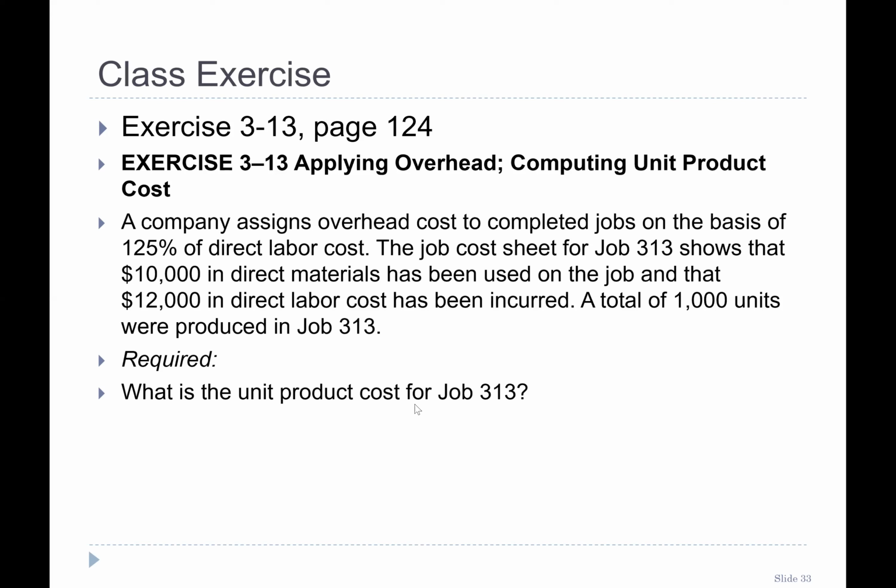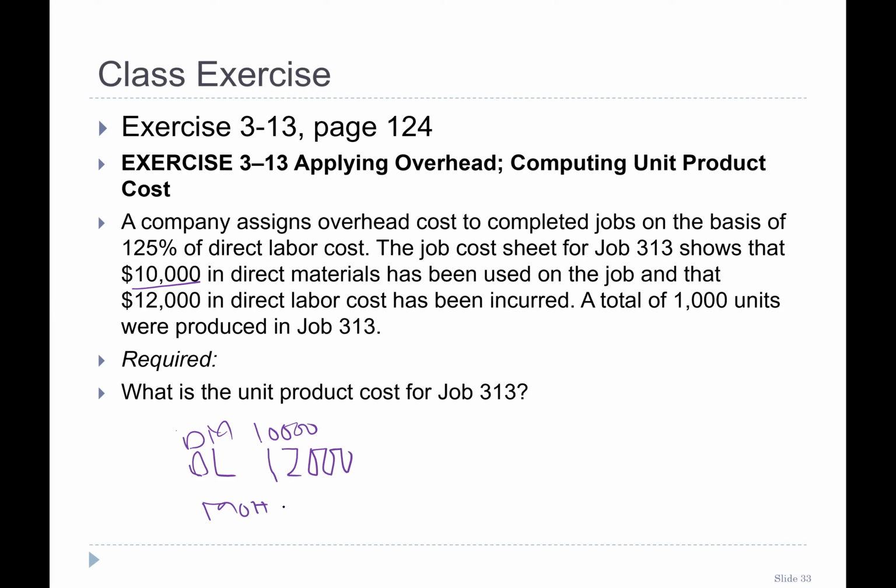Okay, so how did you calculate the unit product cost? So simple: direct material, direct labor, and manufacturing overhead. Direct material is 10,000. Direct labor is 12,000.